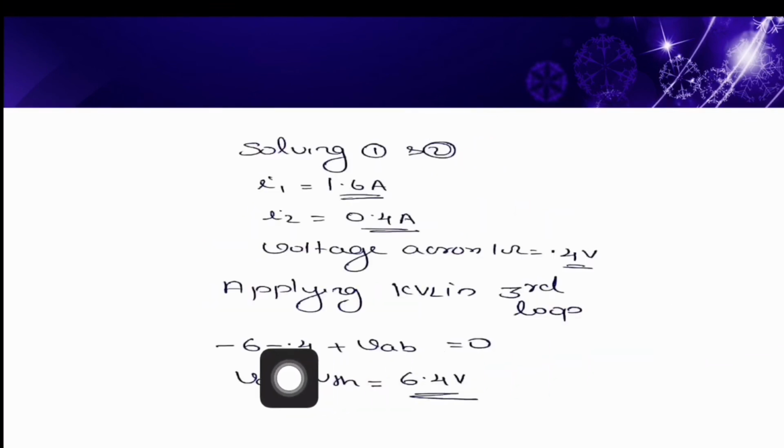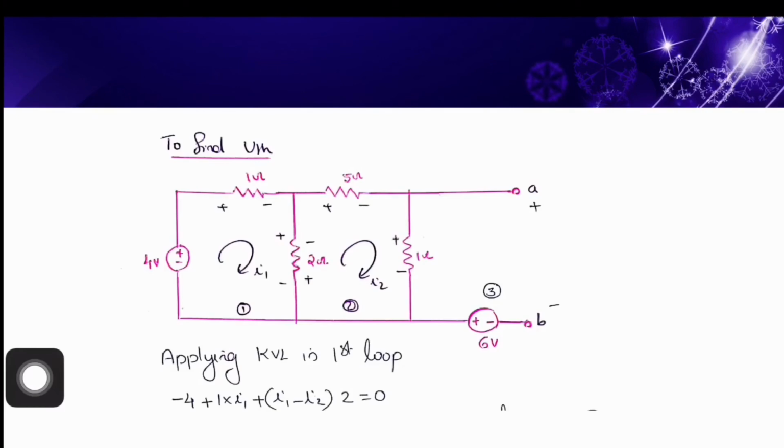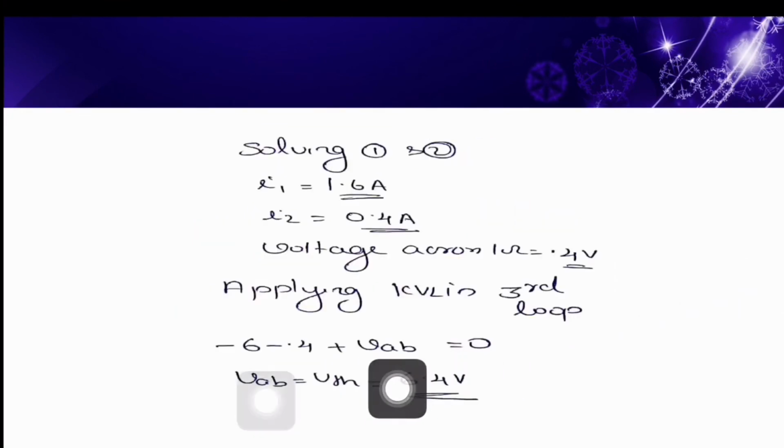Correspondingly, we add a term minus 0.4. Finally, the open circuited voltage VAB or VTH with the polarity mark plus minus. Correspondingly, we add plus VAB. So we get minus 6 minus 0.4 plus VAB is equal to 0, or VAB or VTH is equal to 6.4 volts. Thus, we calculated the values of RTH and VTH.